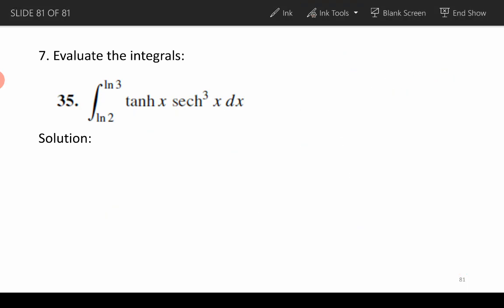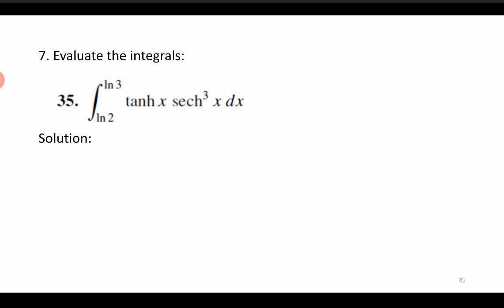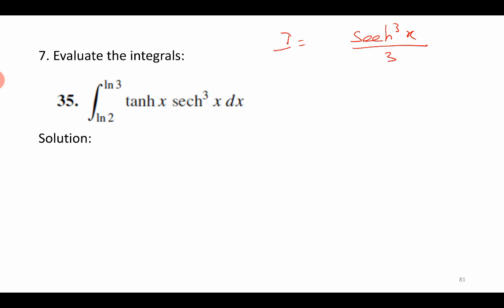So when you substitute the limits, what do you get? Replace the value of u. So in the answer, which is u cube over 3, u is secant hyperbolic x, over 3. There is a negative outside. This is from ln 2 to ln 3.